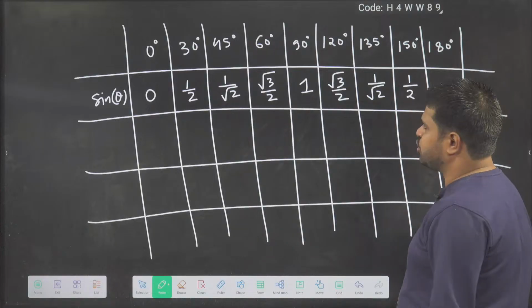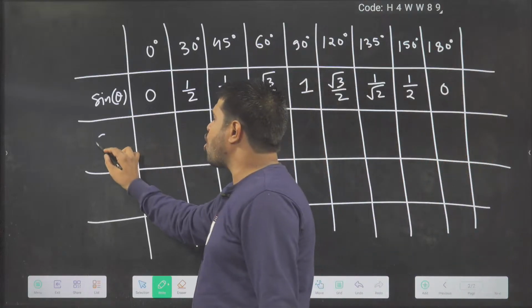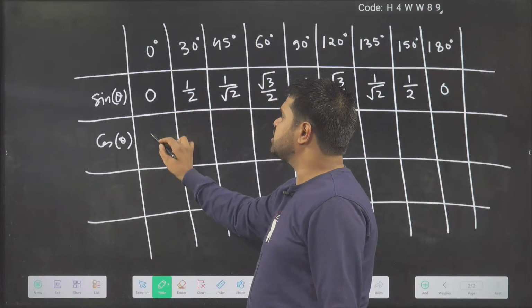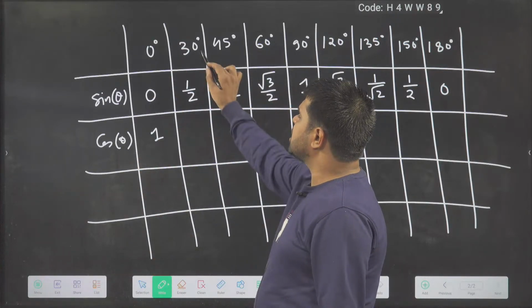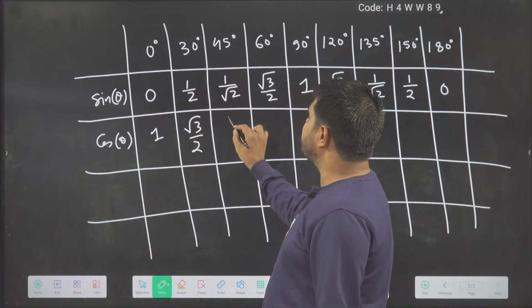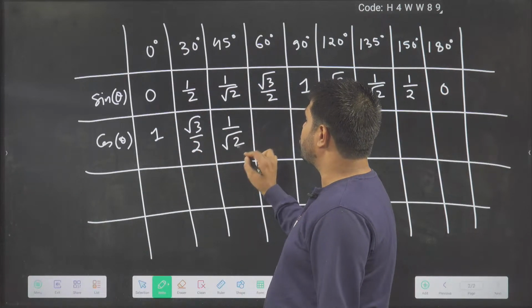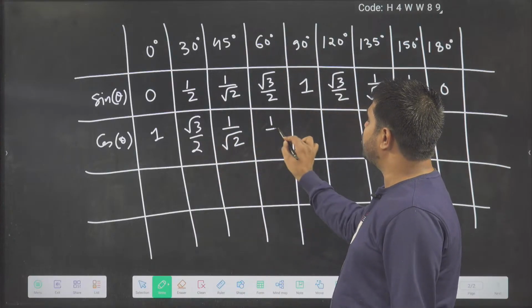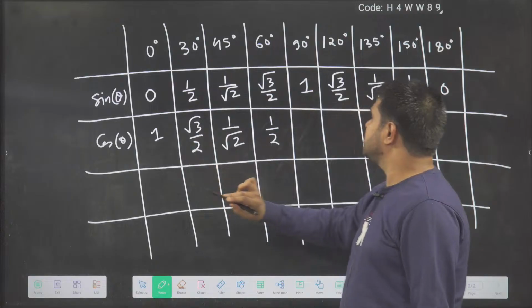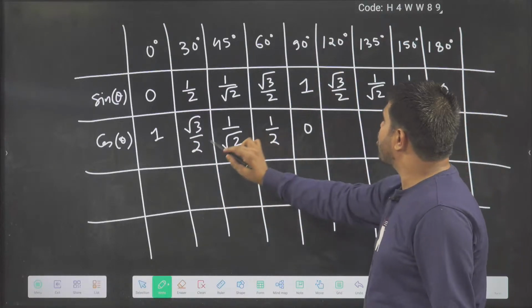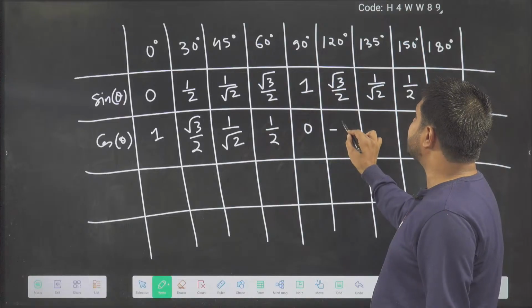180 is what, 0. Coming to our cos theta, cos 0 degree is 1, cos 30 degree is root 3 by 2, cos 45 degree is 1 by root 2, okay, cos 60 degree is 1 by 2, cos 90 degree is what, 0, cos 120 degrees minus 1 by 2.